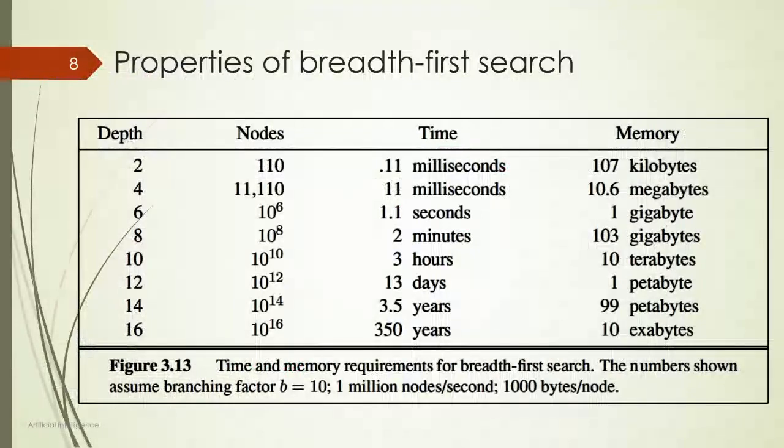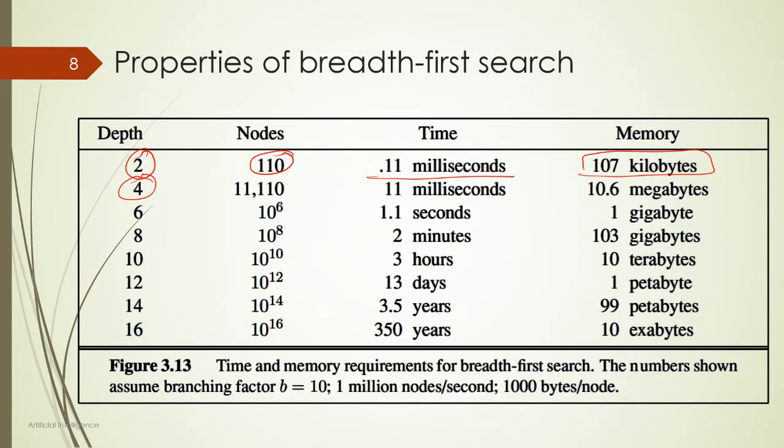So for example, just to see how much this takes to find a solution, with a depth of 2, with 110 nodes, the time will be this much. It takes this on a computer, as explained here, and it needs 107 kilobytes.